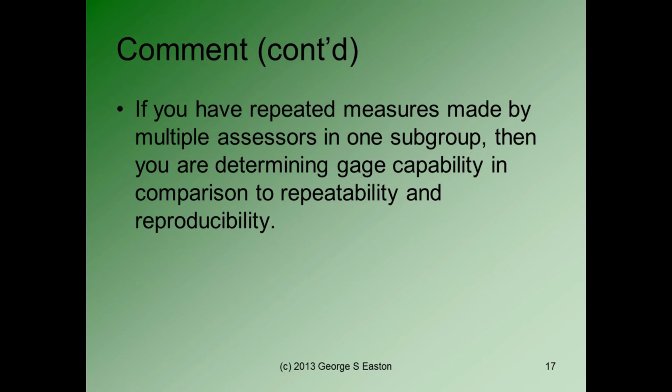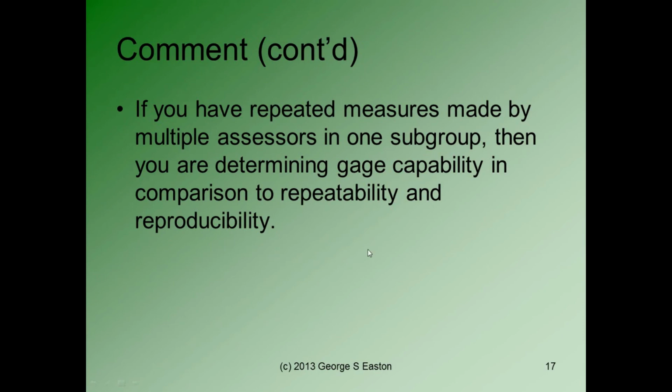But if I instead have in my subgroups not only repeated measures of the part made by one person with one gauge, but also repeated measures made by other people, then the variation in my subgroup will include the repeatability, the variation of the gauge, and the reproducibility, the variation among people.